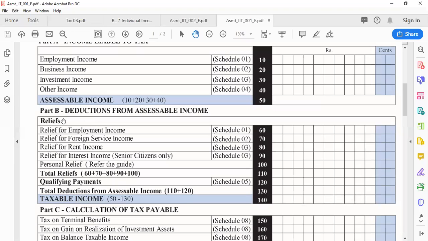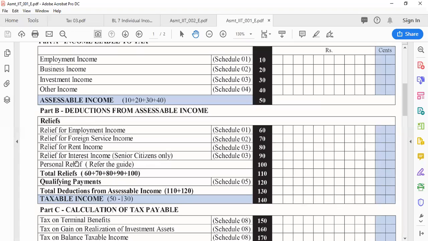Under relief, there are 5 reliefs: relief for employment income, relief for foreign service income, relief for rent income, relief for interest income, that is for senior citizens only, and personal relief, which is 500,000. The total of these 5 equals total relief.